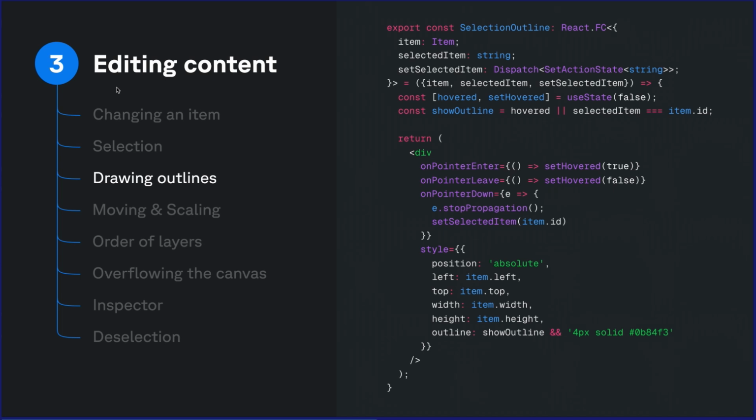And for this, I have created an outline component, which is absolutely positioned at the same position as the item itself. I have implemented a hover state, and when you click with the finger or the mouse on it, we set this as the selected item.